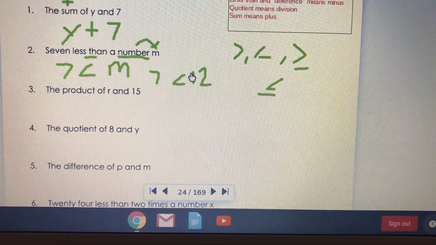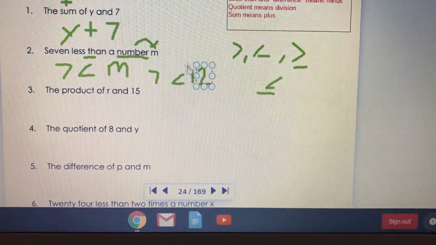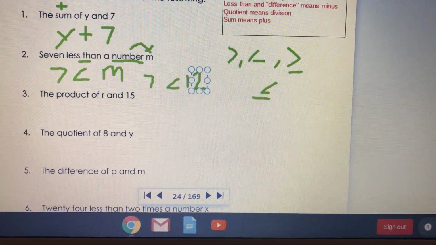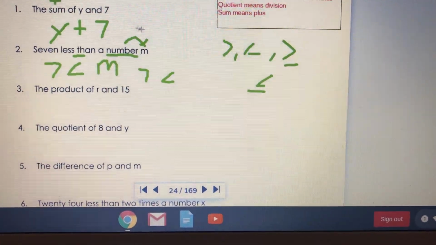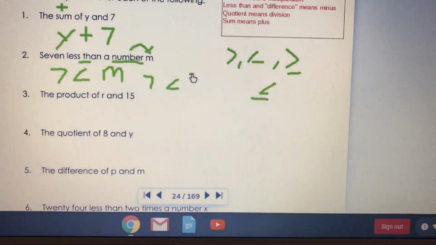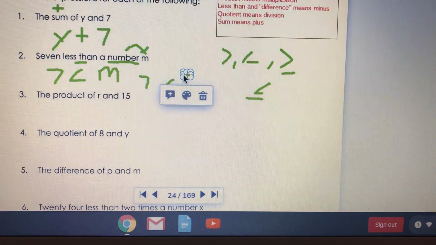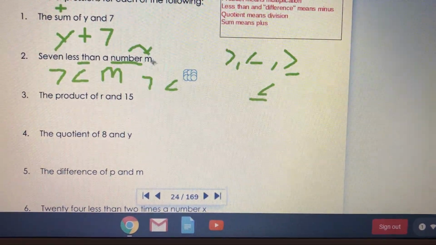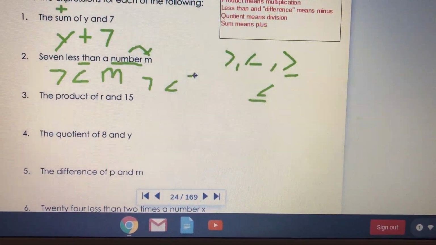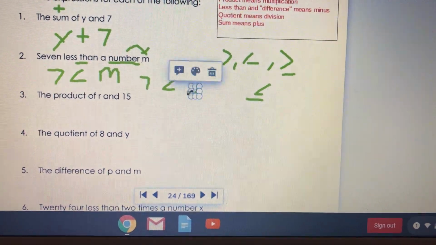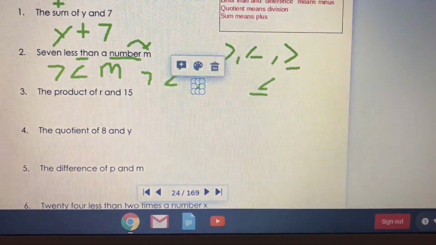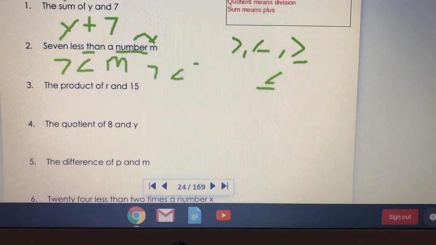If we had put in the number, let's see, 5. I'm so sorry. I'm having trouble with this.